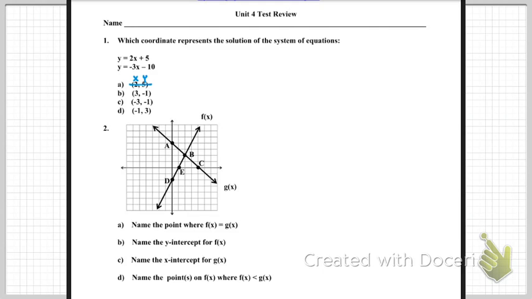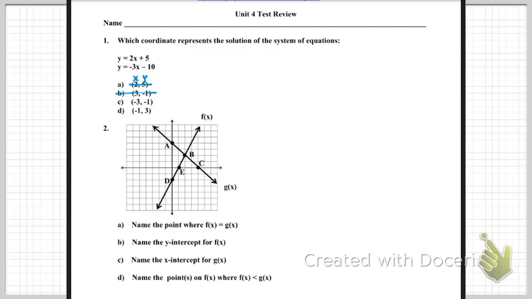So we get negative 1 equals 2 times 3 plus 5. 2 times 3 is 6, so I get negative 1 equals 6 plus 5. I can already tell you 6 plus 5 is 11, so that one's not going to be true. So we know B is not true.